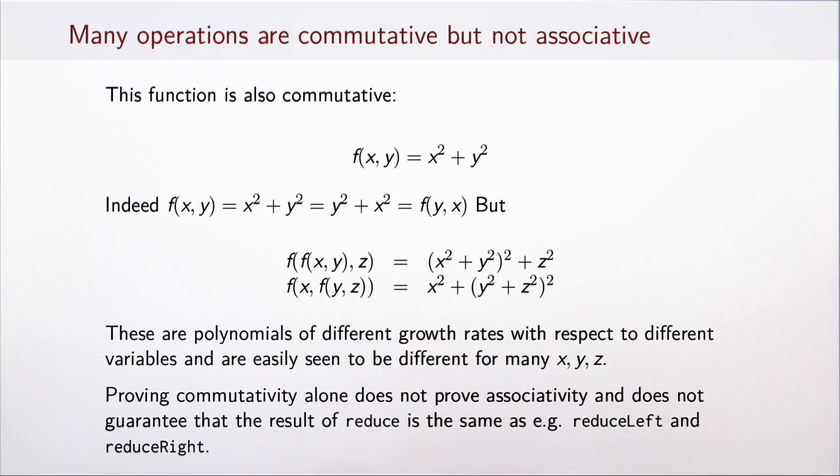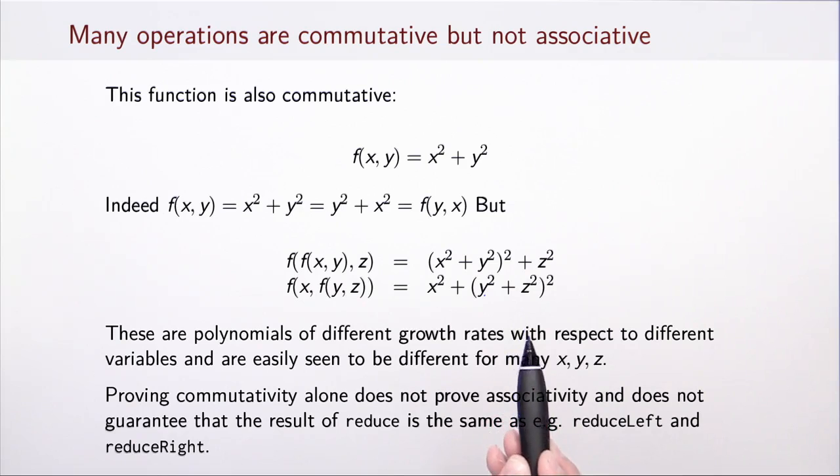On the other hand, if we compute the two sides of the associativity law, on the left side we get x squared plus y squared squared plus z squared, and on the other side we have x squared plus the square of y squared plus z squared.